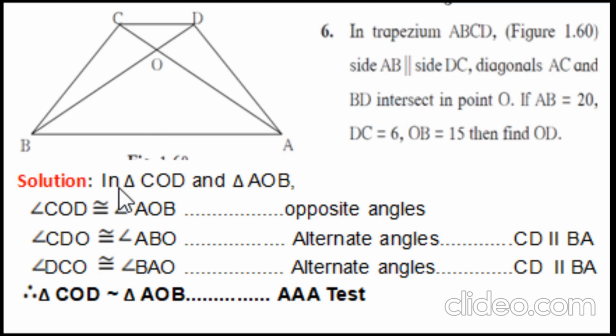So in these two triangles COD and AOB, angle COD is congruent to angle AOB, opposite angles. Angle CDO and ABO are alternate angles, DCO and BAO are also alternate angles, therefore they are congruent. So we get triangle COD similar to triangle AOB by AAA test.